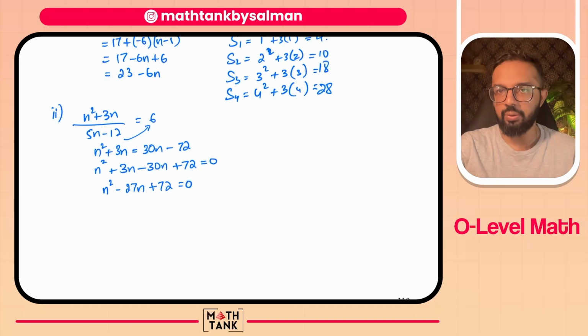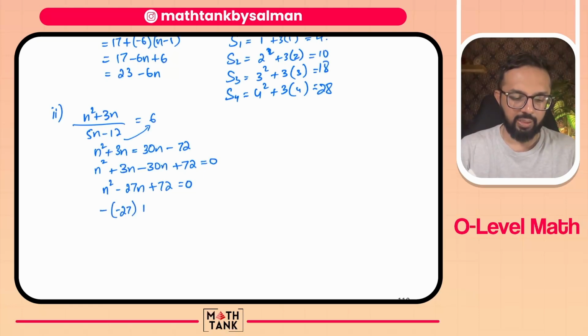So I am going to use my calculator and get to the final answer. Using the formula: minus b plus or minus the root of b squared minus 4ac, over 2a.